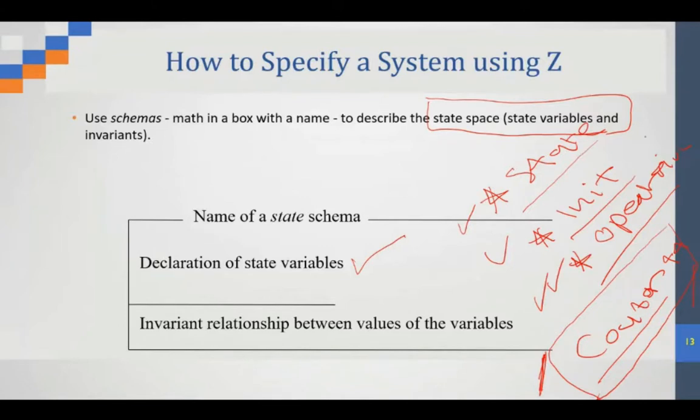We have another schema, which is the initial one. What do we need to write in the initial schema? We should initialize the counter, but how?